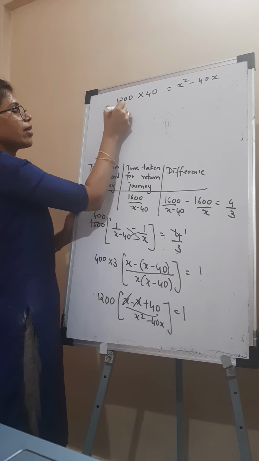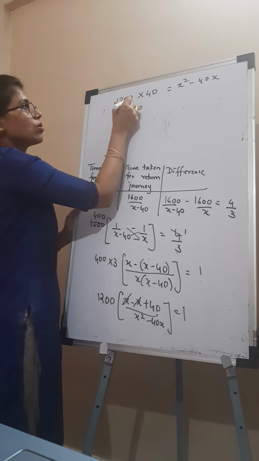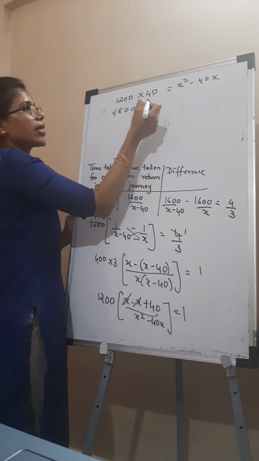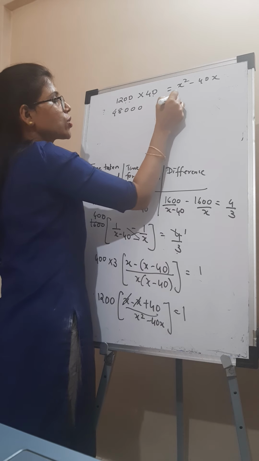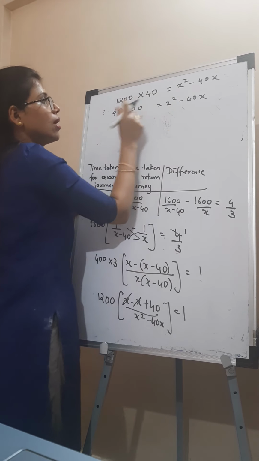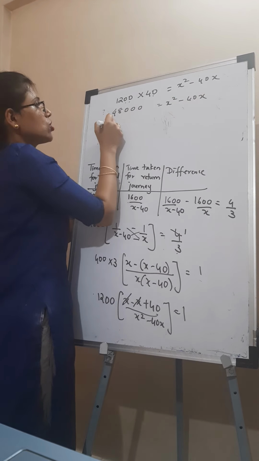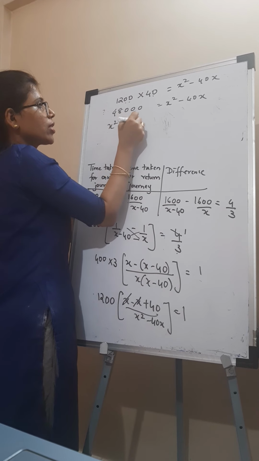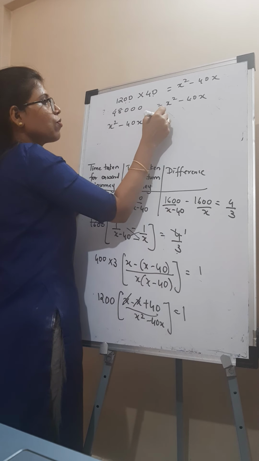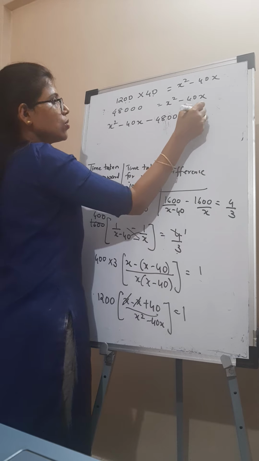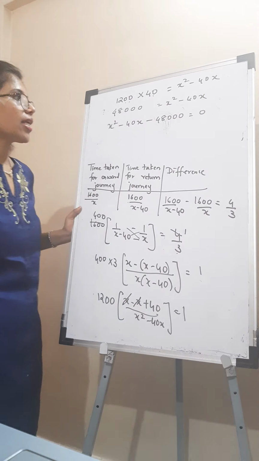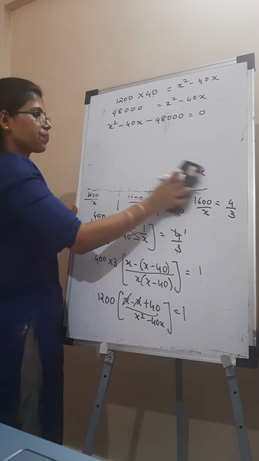Now I'll multiply, I'll get 48000, 2 zeros and 1 zero. I'll write 48000 is equal to x square minus 40x. I'll take this to this side, so I'll get x square minus 40x minus 48000 is equal to 0. Now factorize the last term.